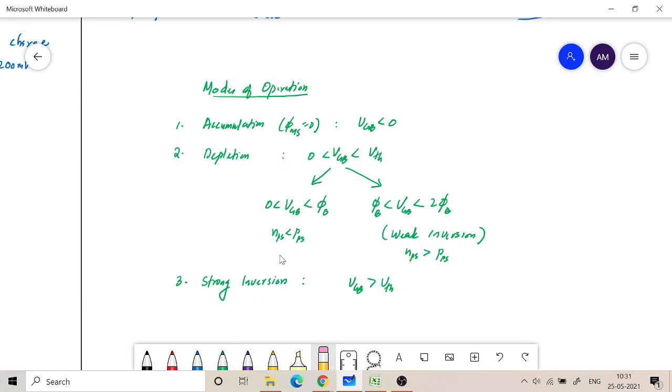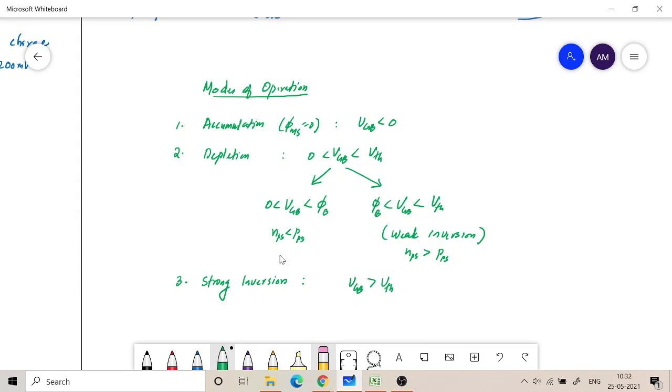Here I have made a mistake. This should be VTH. I am taking the voltage variation from 0 to VTH in two steps. One is from 0 to phi B, and the other is from phi B to VTH.